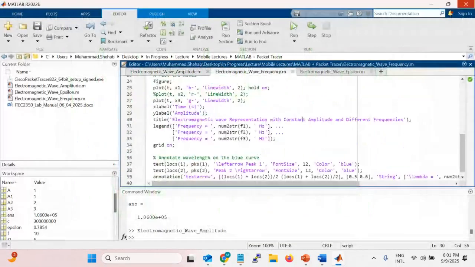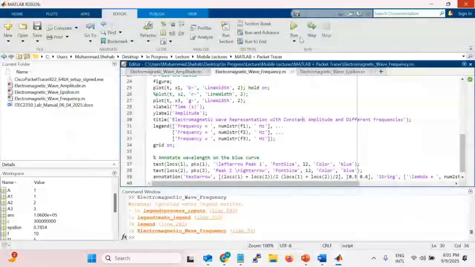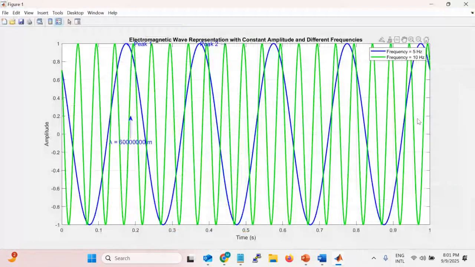Another figure will show you the difference in frequencies. So here we have two electromagnetic waves, a green one and a blue one. Both have the same amplitude, but the difference is in frequency. Which frequency is higher? The frequency of the green electromagnetic wave. Why?